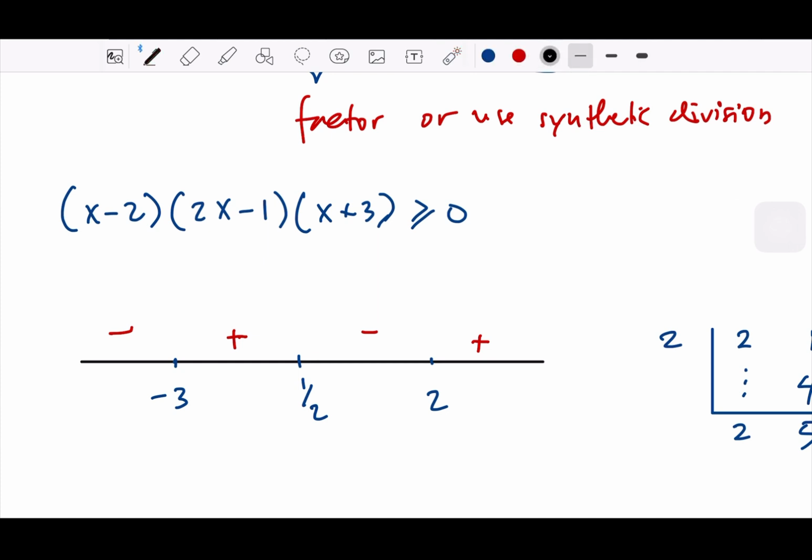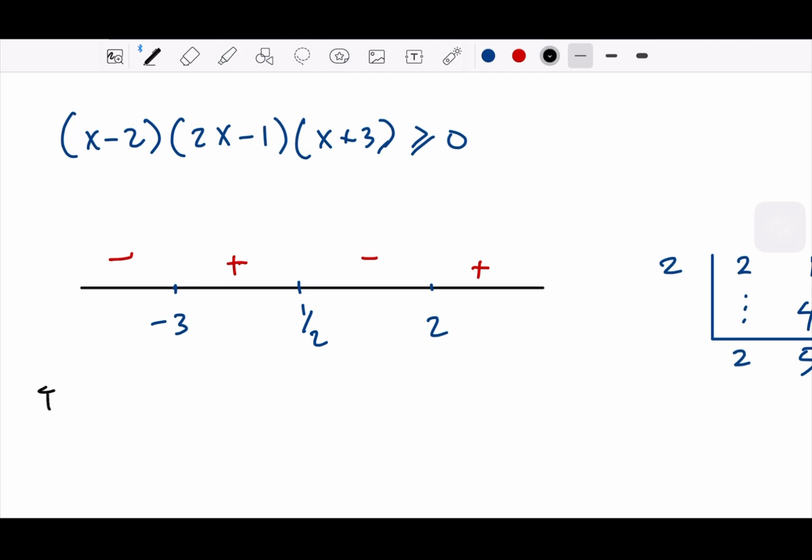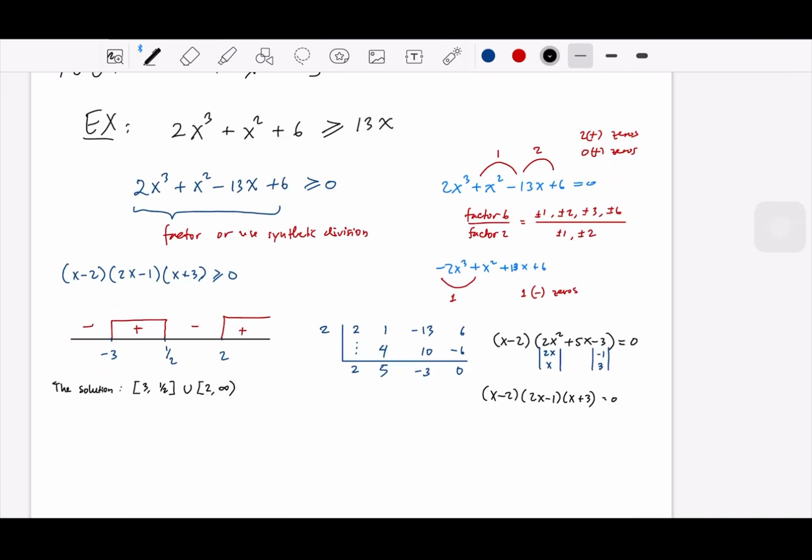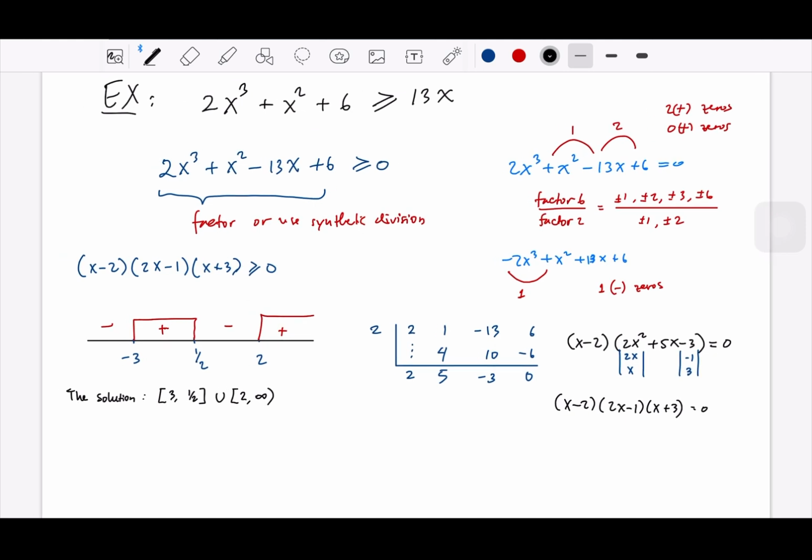So we are going to have the solution. Okay, that's the solution.